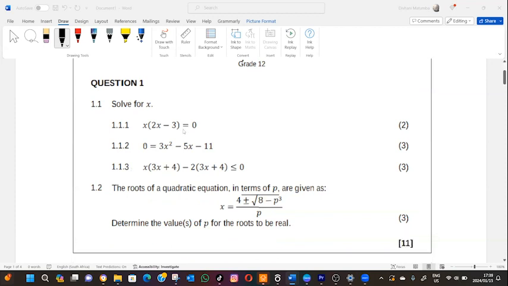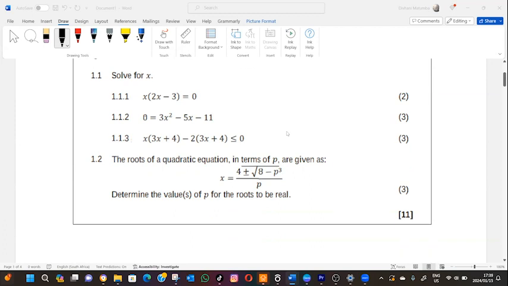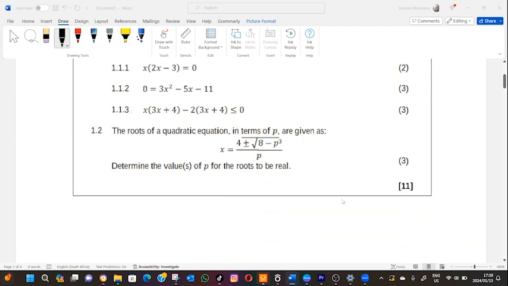Without much waste of time, the first equation reads x into 2x minus 3 equals 0.